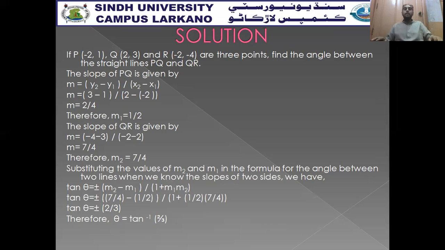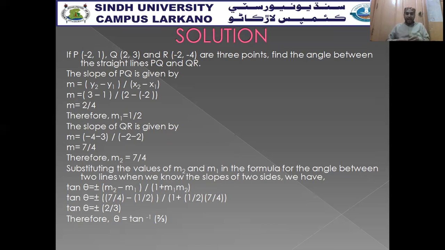The slope of PQ is given by m is equal to (y₂ minus y₁) over (x₂ minus x₁).